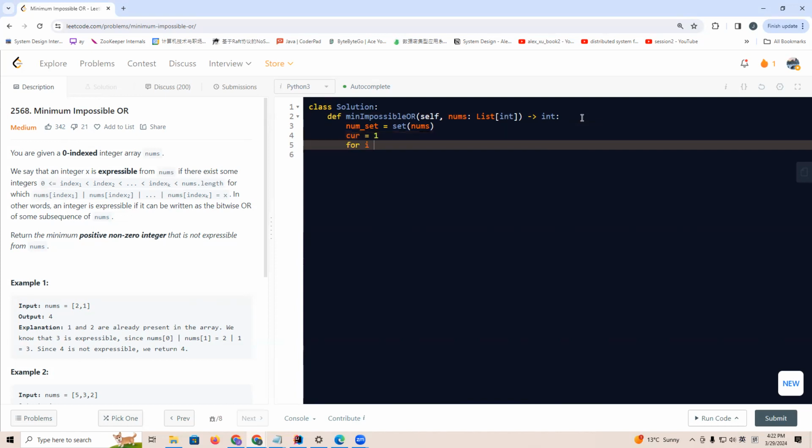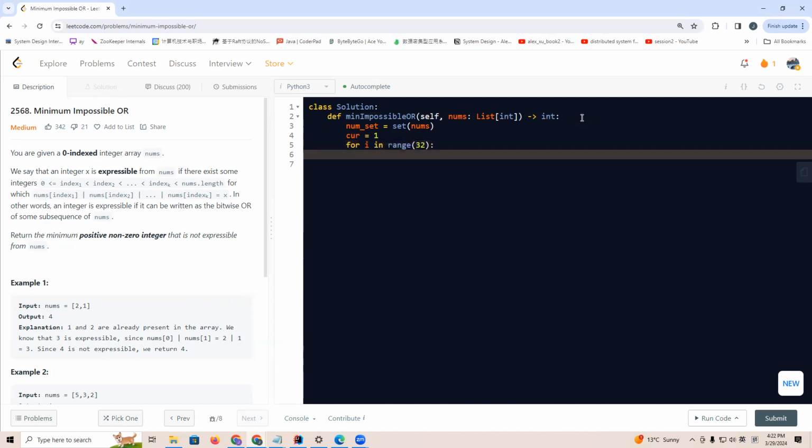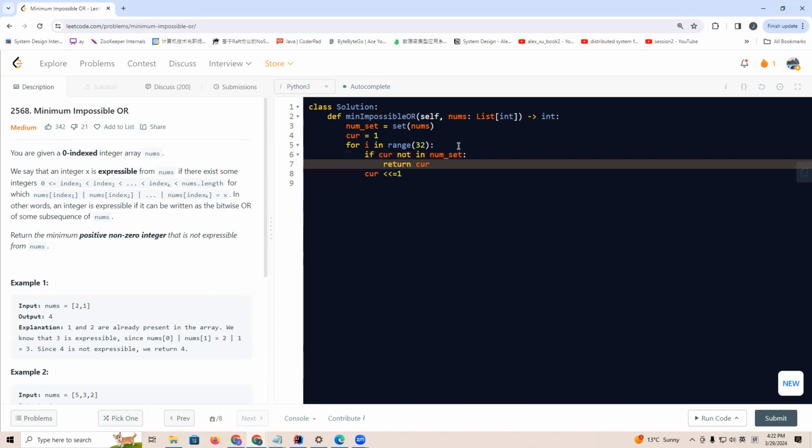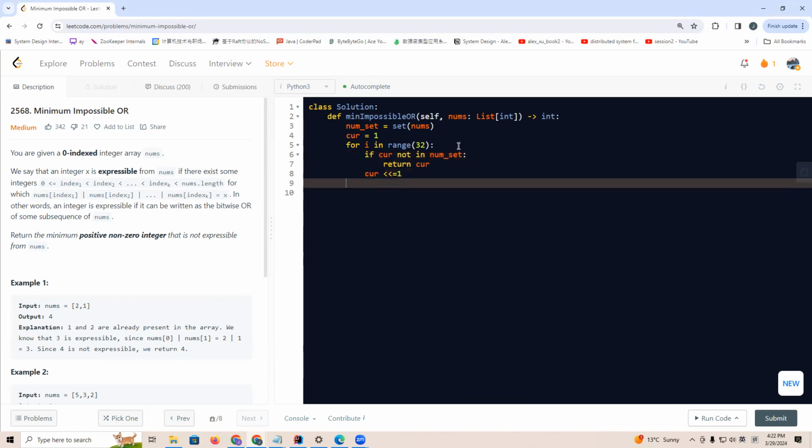For i in range 32, we shift current, actually multiply it by 2. Then we check if current is not in num set, return current, and in the end return -1.